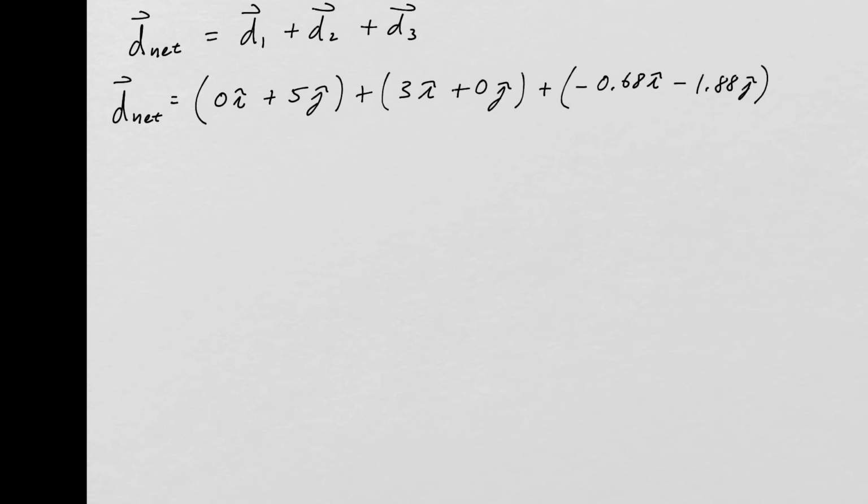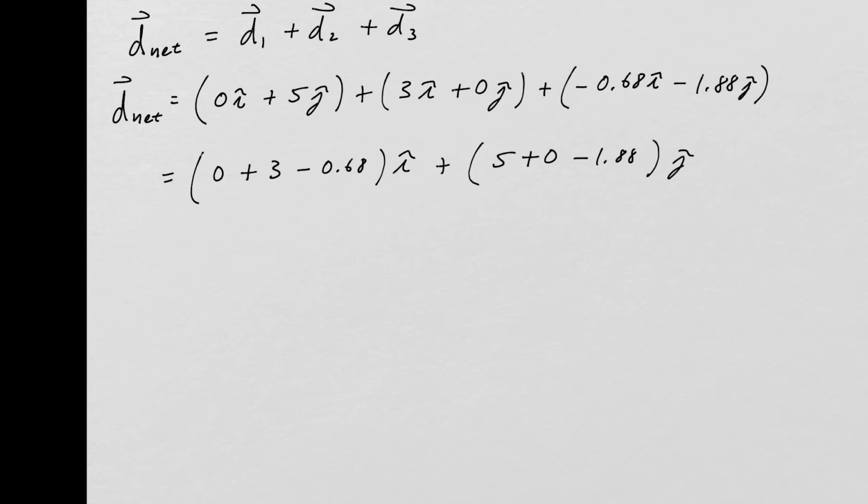And if I add the x components together, which means adding the i hats together, the x components are the i hats, so I'll do it separate. So it's 0 plus 3 minus 0.68. Those are all the x components, the i hats. And if I add the j's together, the y components, I have 5 plus 0 minus 1.88 j hat.